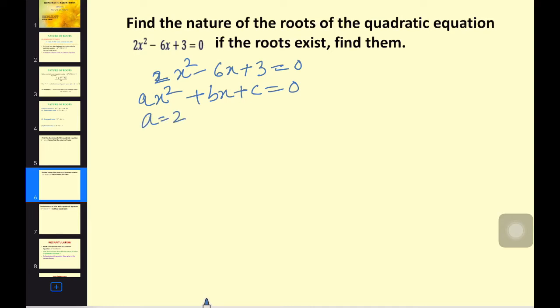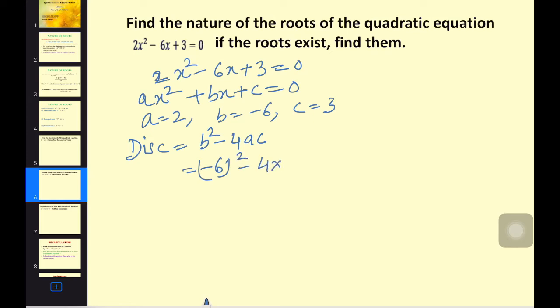Then a is equal to 2, b is equal to minus 6, c is equal to 3. Discriminant is equal to b square minus 4ac, that is minus 6 square minus 4 into 2 into 3, 36 minus 24 is equal to 12. 12 is greater than 0.